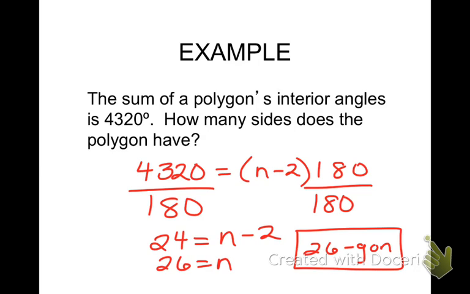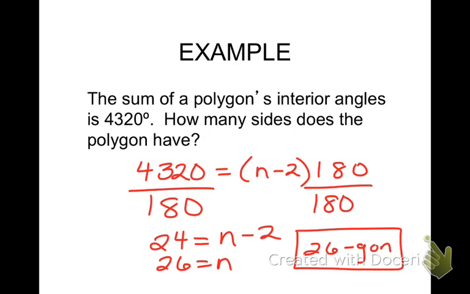If the sum of the interior angles of a triangle is 180 degrees and it's a regular triangle, what's each individual angle? 60, right? How do we do that? 180 divided by 3. If I had a square, 360 degrees inside a quadrilateral, you would divide it by 4 to get 90, right?